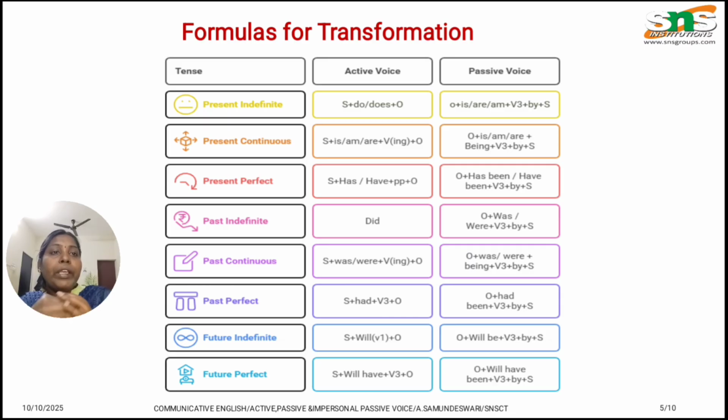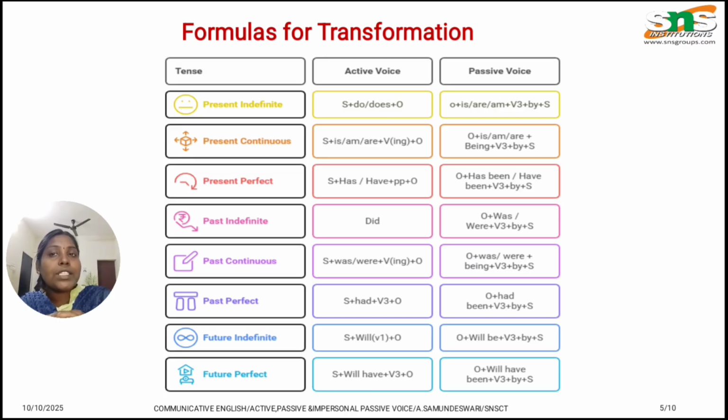For making an active sentence into passive or a passive sentence into active, a person must be thorough with the 12 forms of tenses, because these 12 forms play a major role in both active and passive voice. Without the basic knowledge of this part, exploring anything else is meaningless.